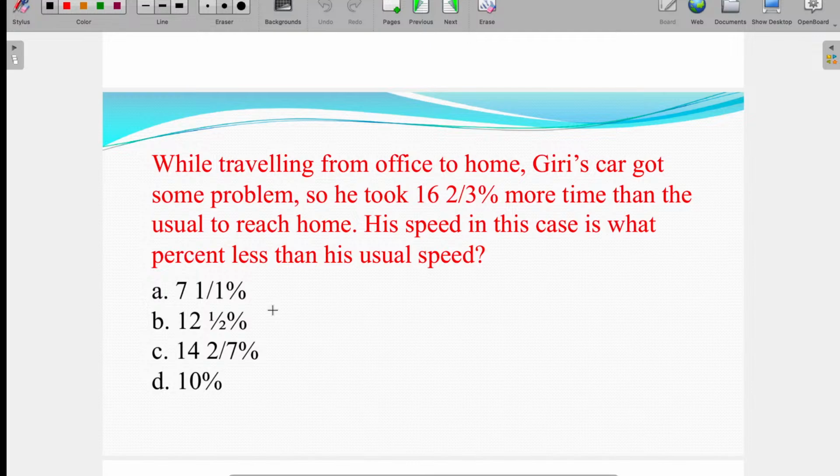Distance is constant. Okay, good. Others also reply.